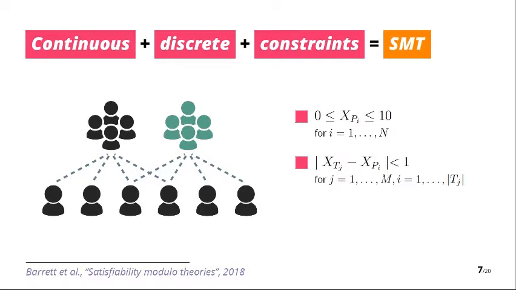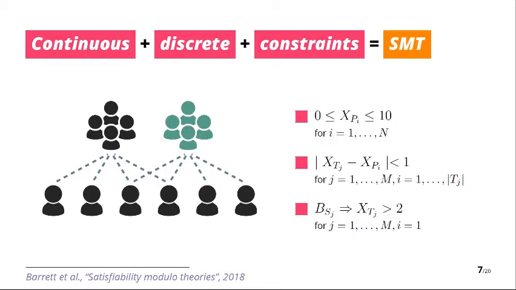And this constraint says that the team performance xt is a continuous variable bounded by all the players in the team. And next, for the squad to indicate whether it is a good team or not, we can introduce a Boolean variable bs. And this constraint says that if the team is a squad, then the team performance xt is boosted.